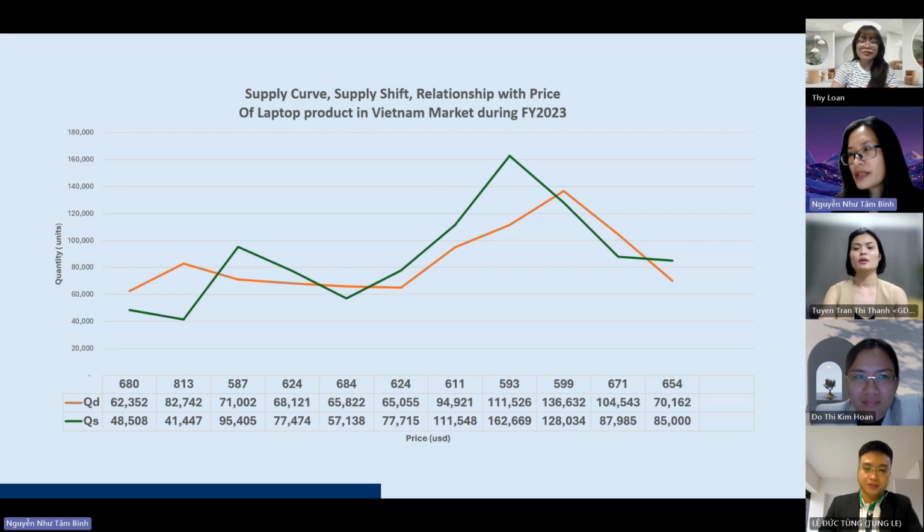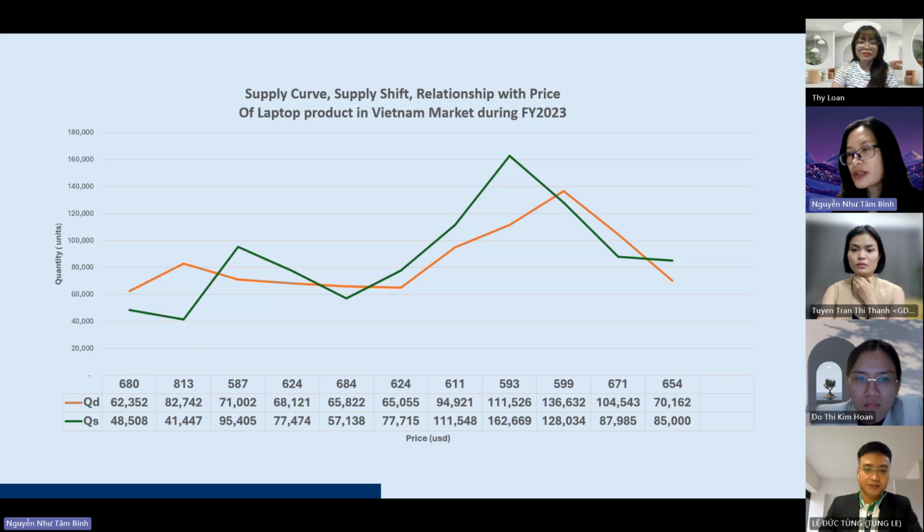The fact is that during the year 2023, the stock of Dell laptops in local distributor warehouses was nearly zero. However, at the same time, the production capacity of Chinese brands such as Acer and Lenovo was not big enough to cover the whole Vietnamese consumption market.